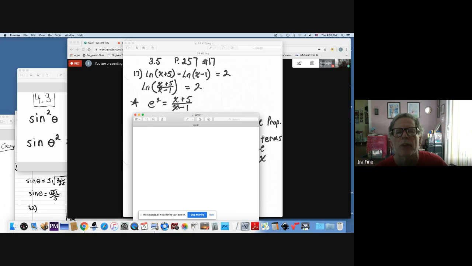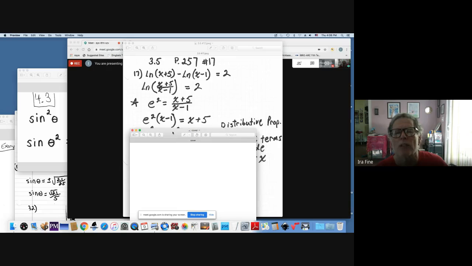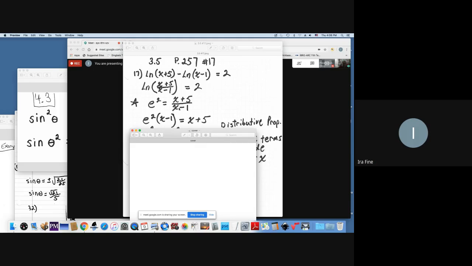So the way you want to get x by itself is like this. The first thing you do, and this is a general rule when you're working with these kinds of equations where there's a numerator and a denominator, is get rid of the denominator. So we're going to multiply both sides by x minus 1. That gives us (x minus 1) times e squared, and that's going to equal x plus 5, right?